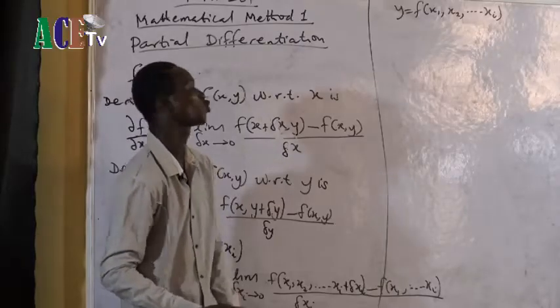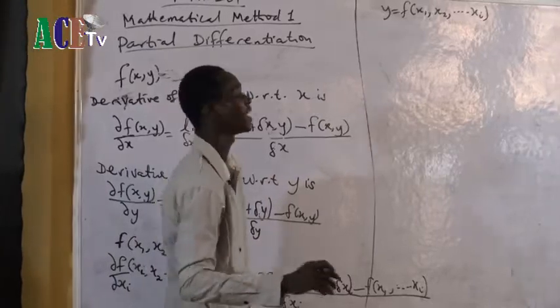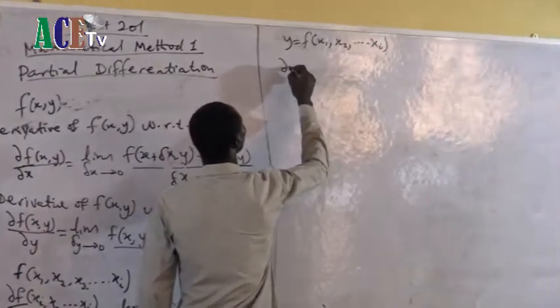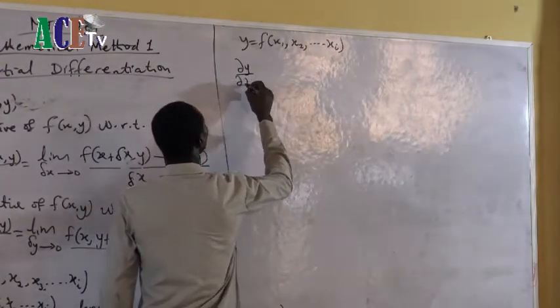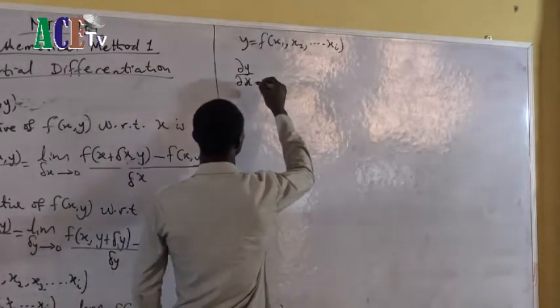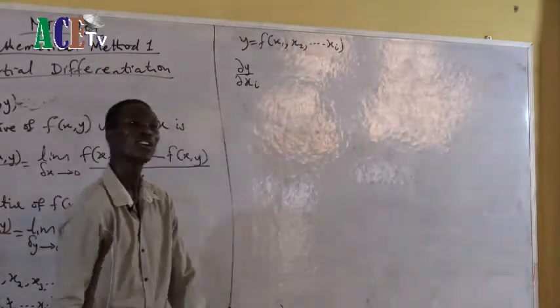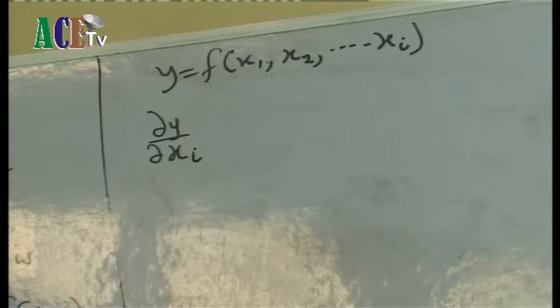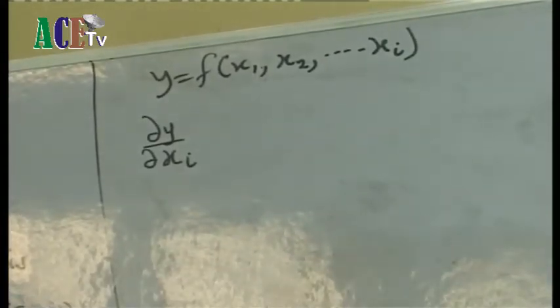If I have many of them like that, how will I write the partial derivative of y with respect to xi? What are the other ways in which I can write it?